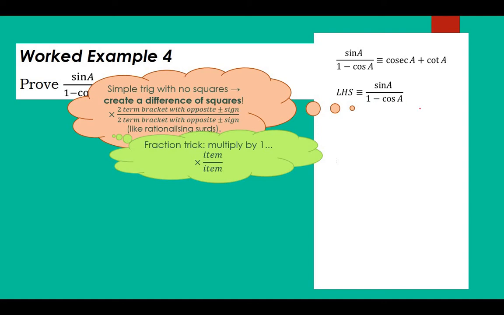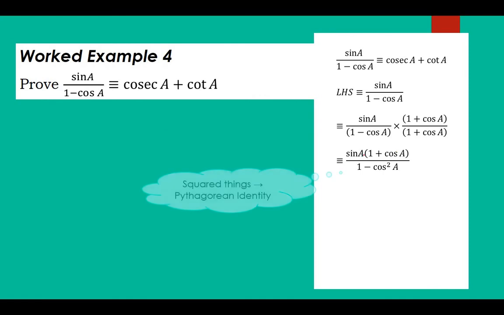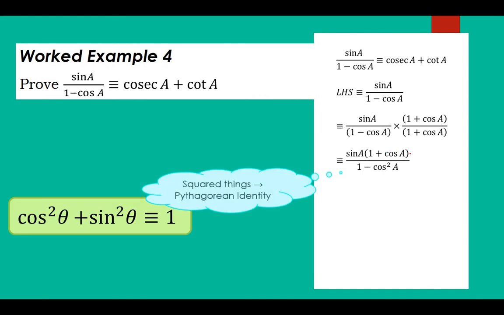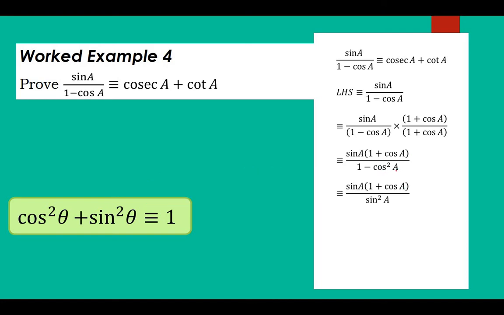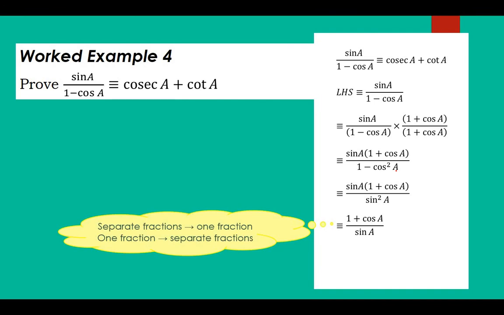So a bit like rationalizing surds, we're going to copy those two terms but put a plus in between instead. And what we do to the bottom, we must do to the top. Now we're going to expand the denominator and not bother with expanding the numerator because it doesn't improve matters. Okay, we can use the Pythagorean identity now that we've got a squared, and we can cancel the sines and we end up with what we had earlier.